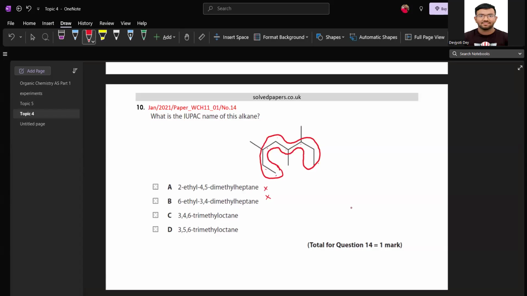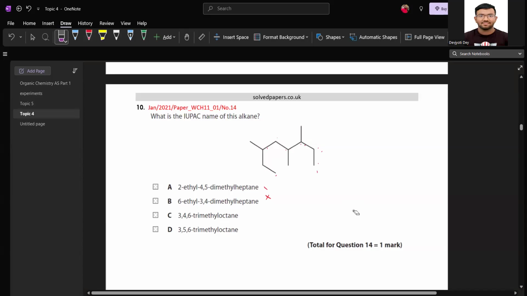Let us check. They say 3, 4, 6. Is it possible? So you have 1, 2, 3. Okay, let's start from this side basically. 1, 2, 3, 4, 5, 6. All right. 3, 4, 6. Tri, obviously. Ethyl, sorry, it's trimethyl. 2, 3 carbon.